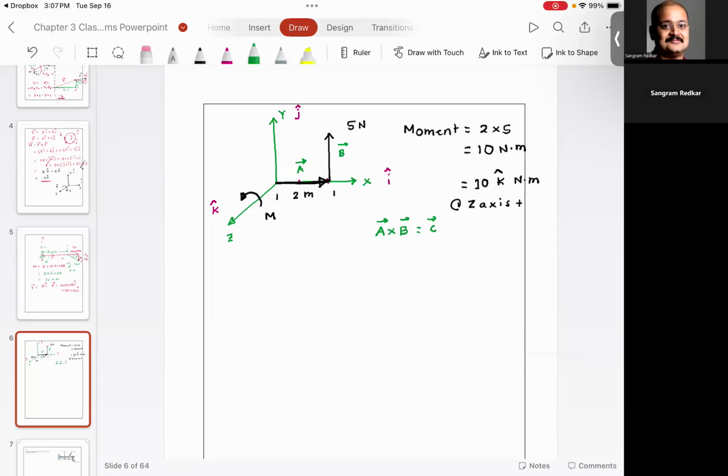So this vector will be in K, because if this is I multiplied by J, this will be K. Now why is it like this?